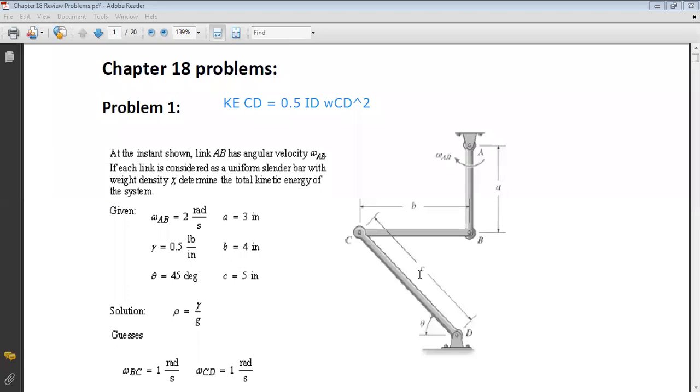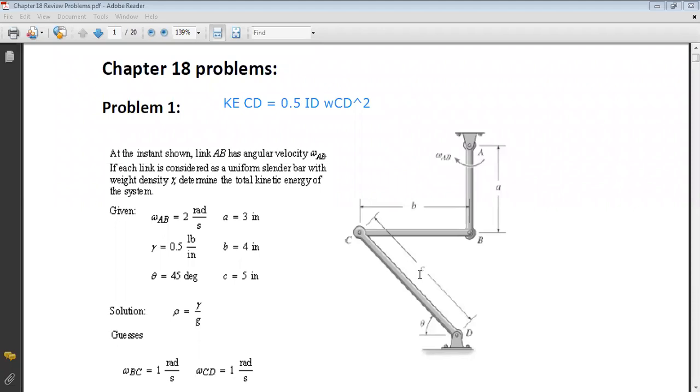Or the second method is to find the IC and say that the kinetic energy is half times the inertia about the IC times omega BC square. Can we always use these 2 methods? Yes, of course. Okay, thank you.